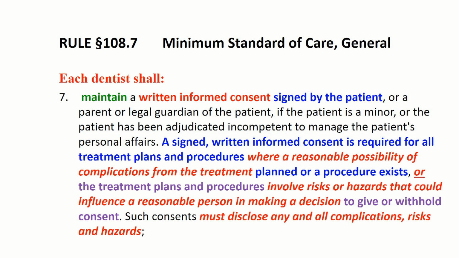Again, the rule only requires the signature of the patient or parent or legal guardian of the patient if the patient is a minor. Obviously, if the patient has been adjudicated incompetent to manage the patient's personal affairs, it is highly likely that that particular type of patient will have a court-ordered legal guardian to manage that patient's affairs.